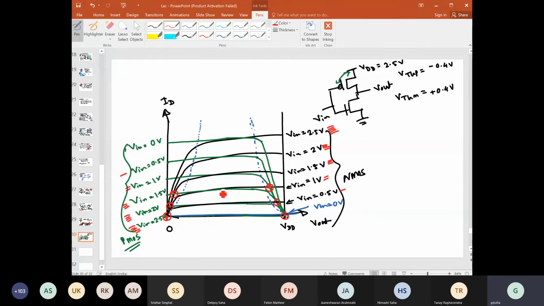In that case, you will see an almost sharp transition from the high level output to the low level output, right?